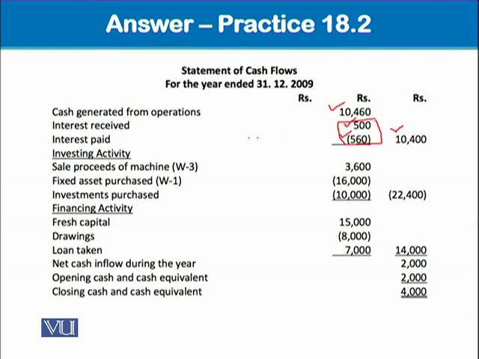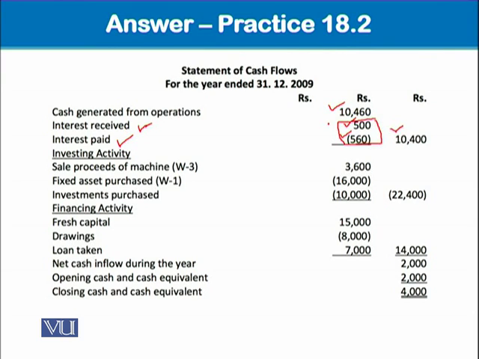That's why exactly the interest income is equal to interest received, and interest paid is equal to interest expense. Okay. According to International Accounting Standard, we have to present separately the interest received and interest paid figures. That's why even this receipt and payment is equal to the income and expense respectively.